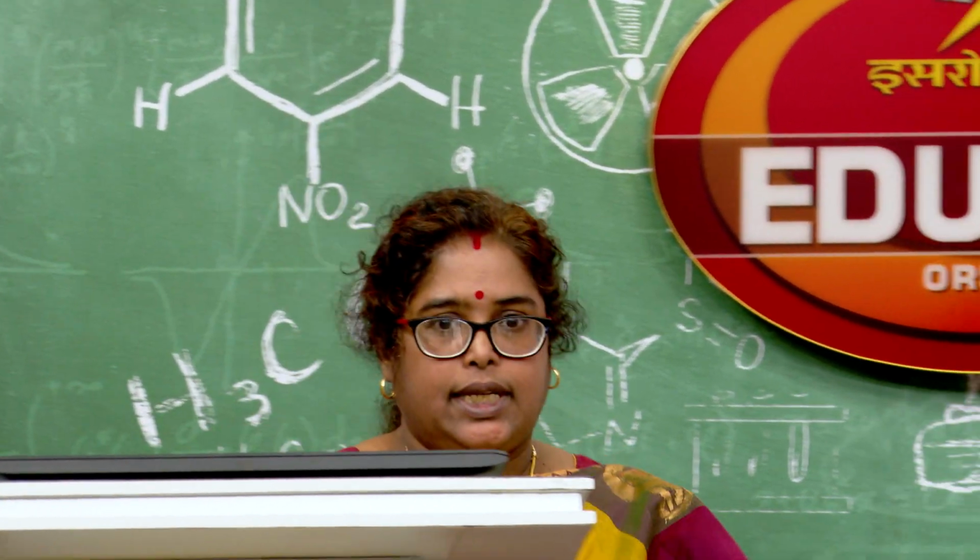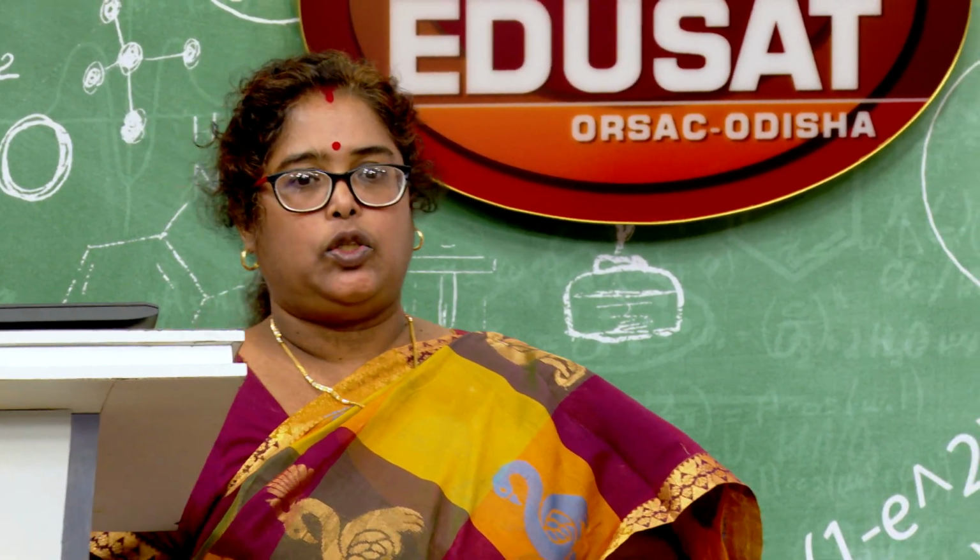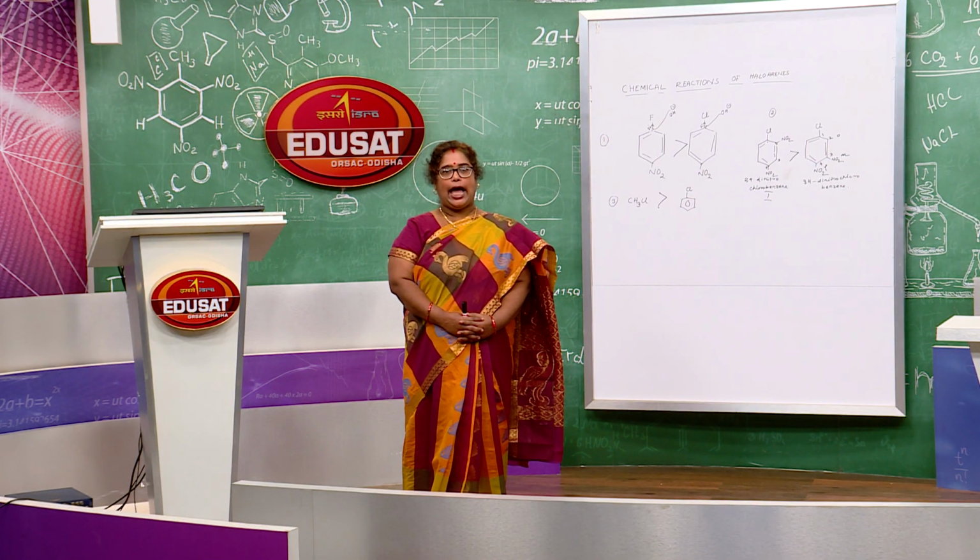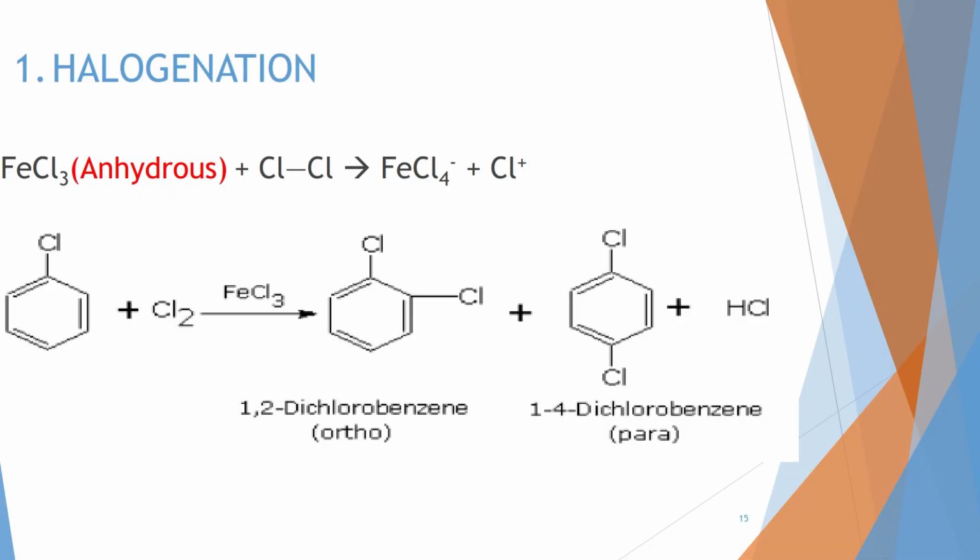Then we will discuss some of the basic reactions like halogenation. First we will discuss the halogenation process. Suppose we want to add another chlorine atom to chlorobenzene, then along with the chlorine molecule we will have to take the help of FeCl3, because in the presence of FeCl3 the Cl2 molecule undergoes heterolytic cleavage to produce a chloronium ion, the Cl plus.